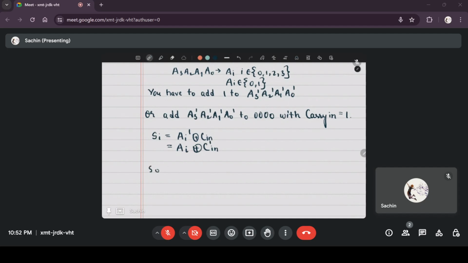So for A0, the sum is A0 XOR 1 complement, which is A0 XOR 0.